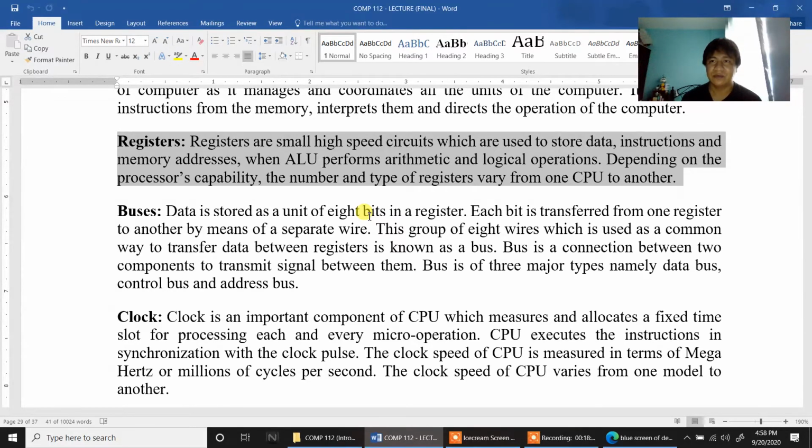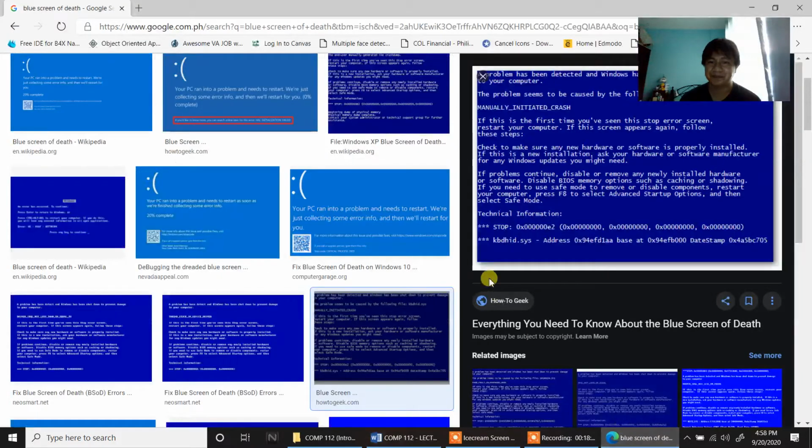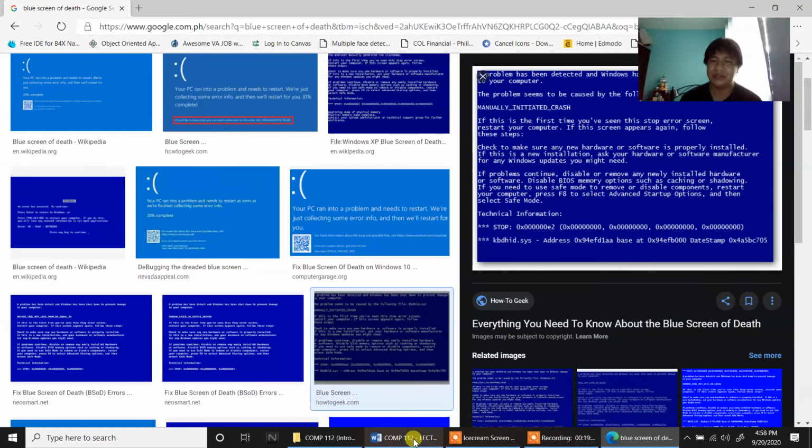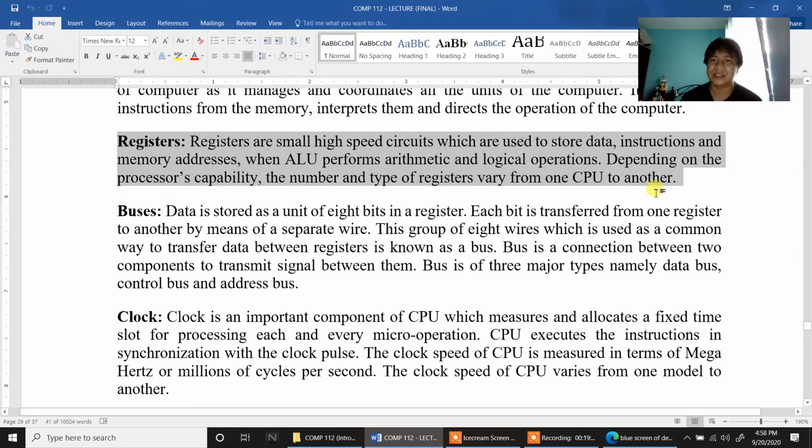For the first, second, third time you may not experience it, but in the long run of using your computer, you will experience this kind of screen on your computer.